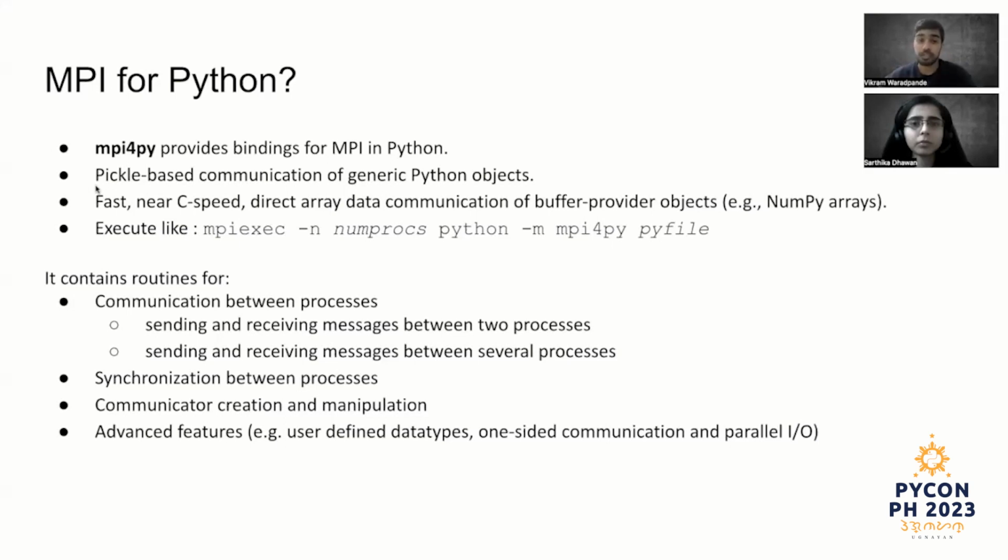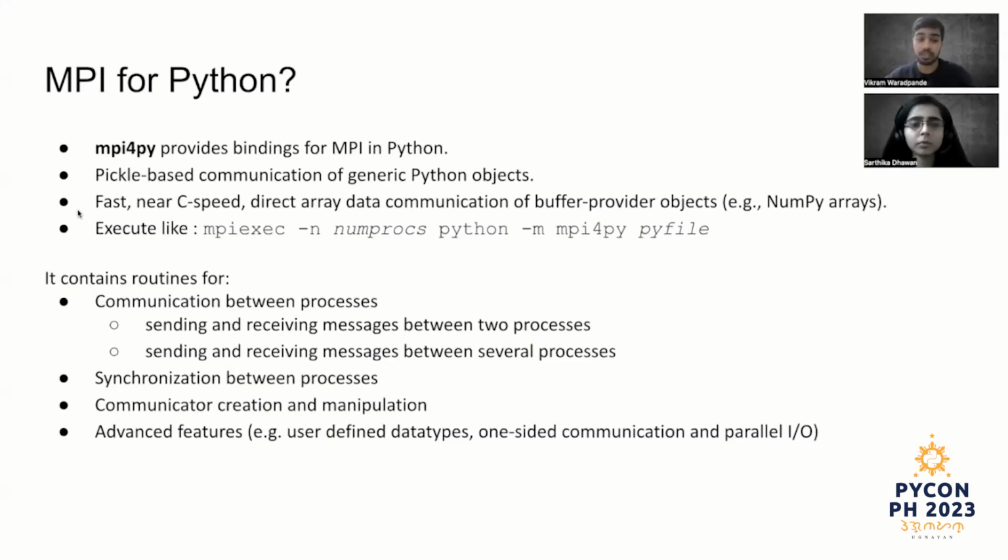MPI literally means message passing interface, so there should be a way in which these messages are passed, and that's how it uses pickle. Moreover, the speed of communication is really fast. In some buffer provided objects like NumPy arrays, for example, it is as fast as the programming language C, which we know is really fast.